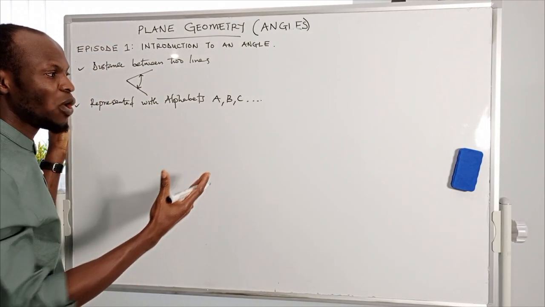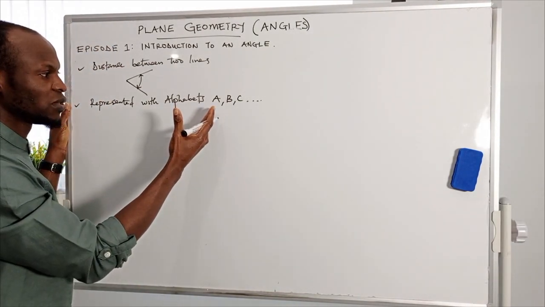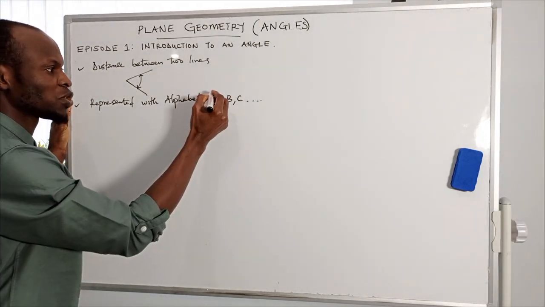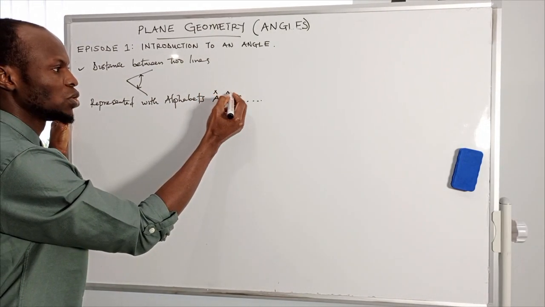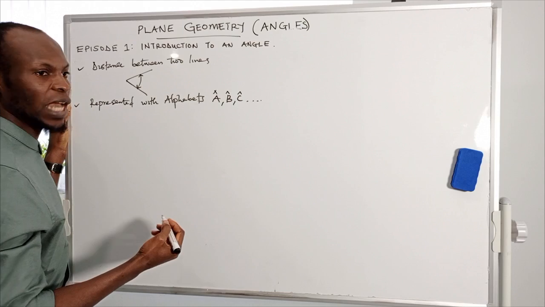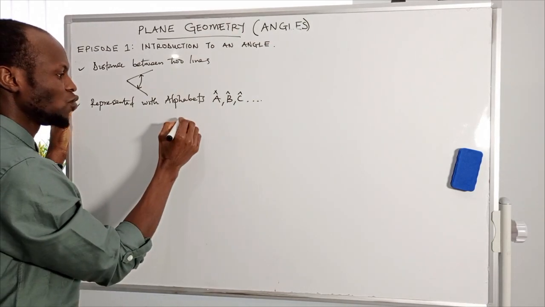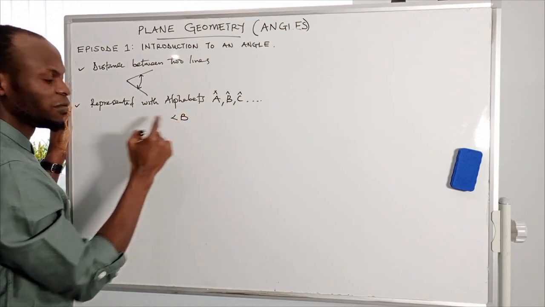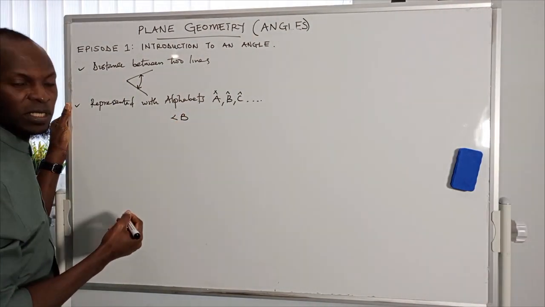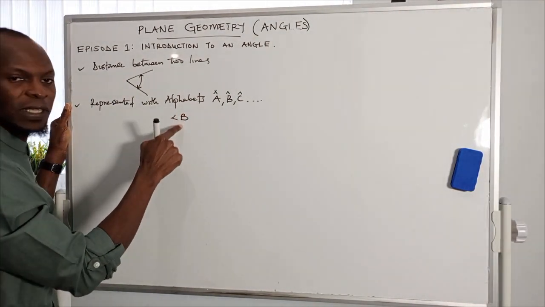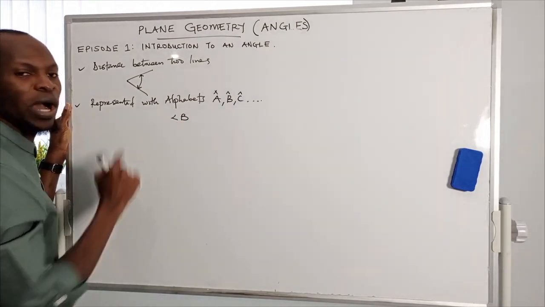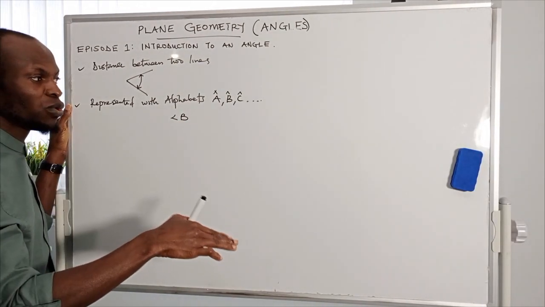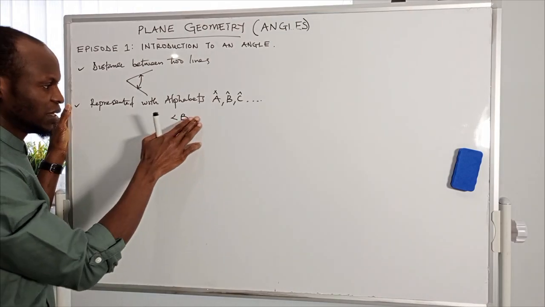So most of the time when we represent an angle with an alphabet, you see us putting a sign at the top to tell you that this is an angle. Or sometimes we put the sign of an angle in front of the letters or the alphabet to tell you that this is not an alphabet but an angle. Deeply, when we go into the topic, you'll understand better.